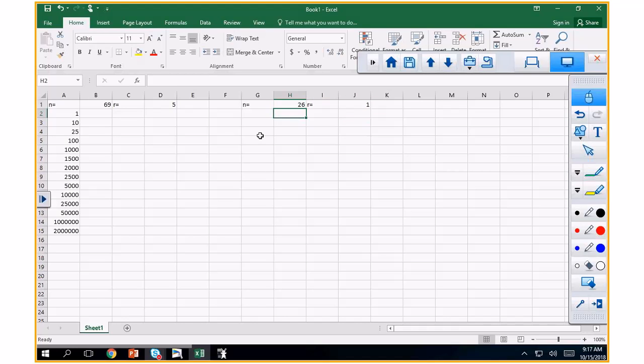Okay, so right here we're going to go equals, and I'm going to take this number, and I'm going to divide by parentheses, and this ain't going to work. Nope.